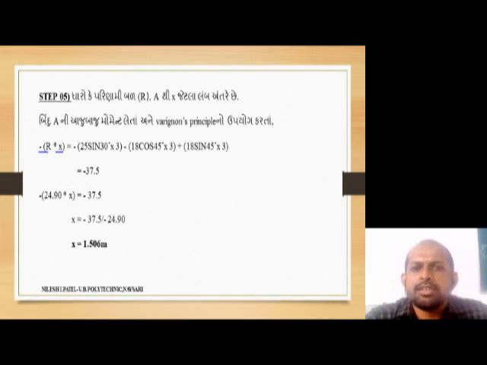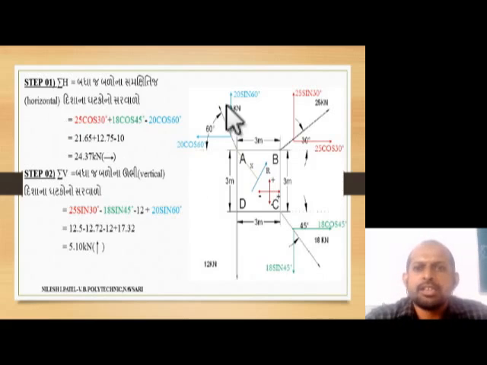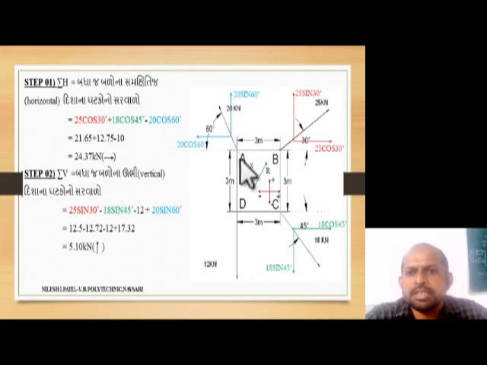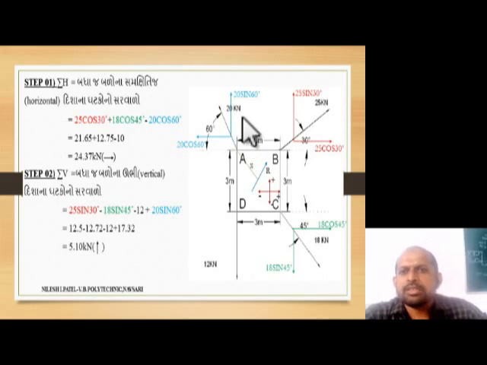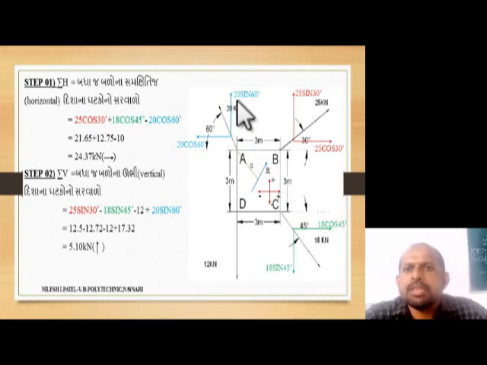Next we will take the moment of all the components of forces about point A. If you take the moment of 20 sin 60 degree, the component is in vertical direction.